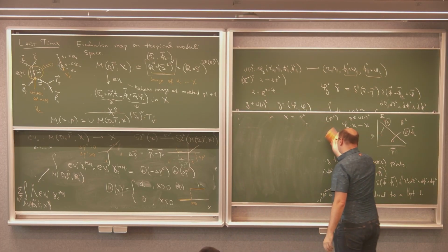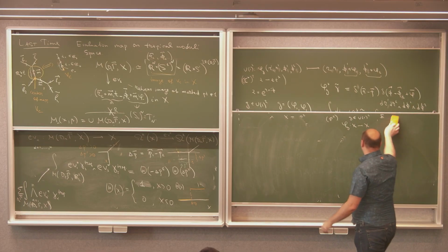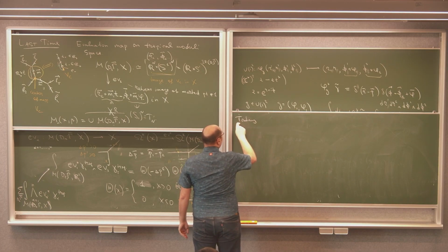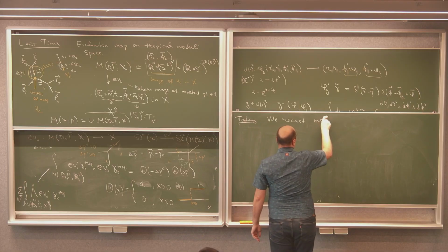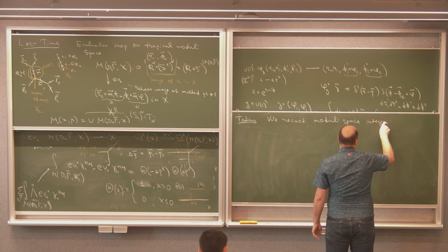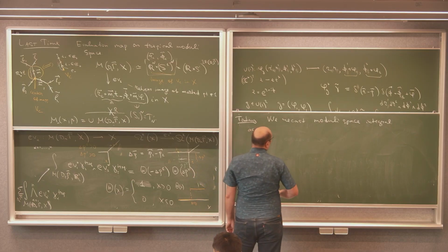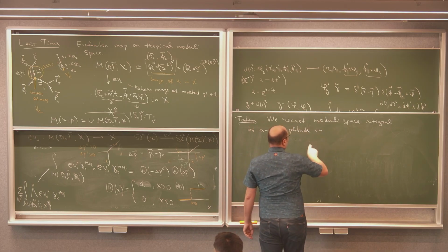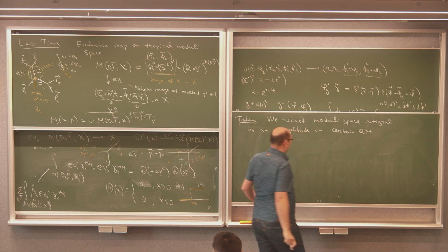So today we're going to recap the very same integral over moduli space, and show that the moduli space integral has an interpretation as an amplitude in certain quantum mechanics.